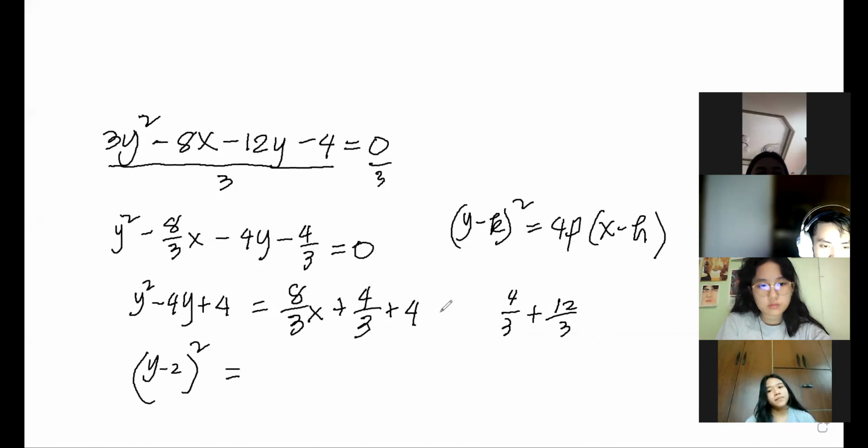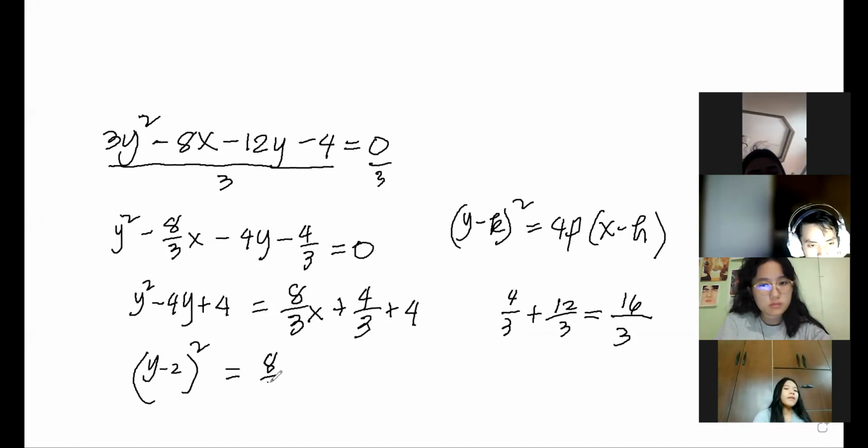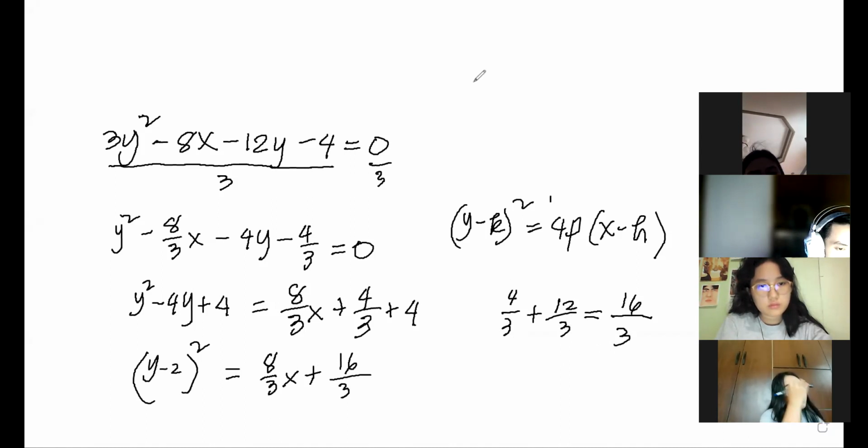Because 4 is just 12/3. Now they have the same denominator. So you copy 3, you add, it will be 16. Agree? So here it must be 8/3x plus 16/3.